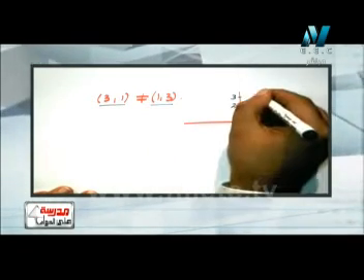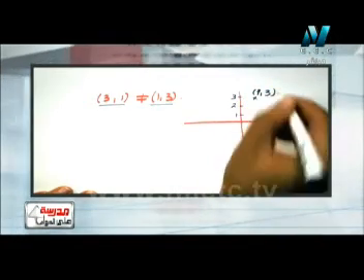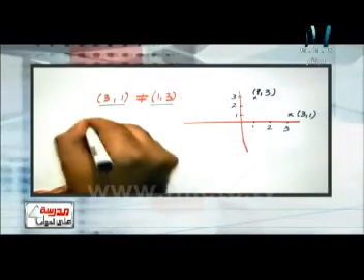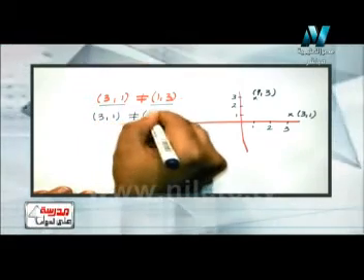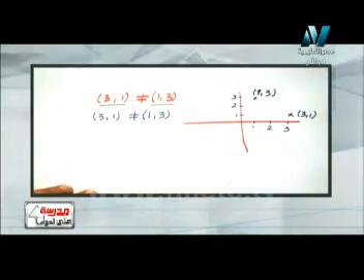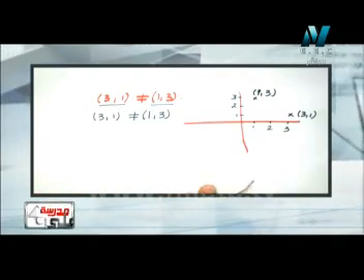We have different positions, so we say the ordered pair 3 and 1 does not equal the ordered pair 1 and 3, because here we have two different positions.